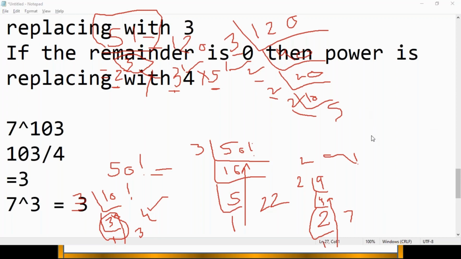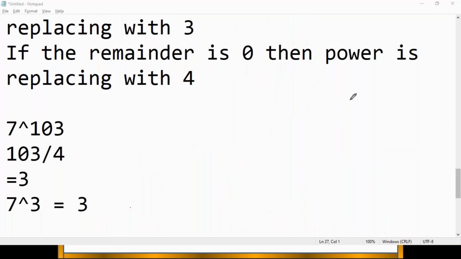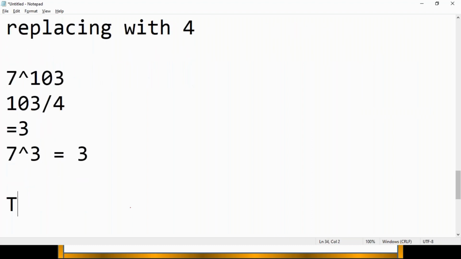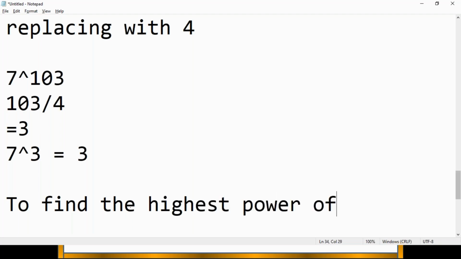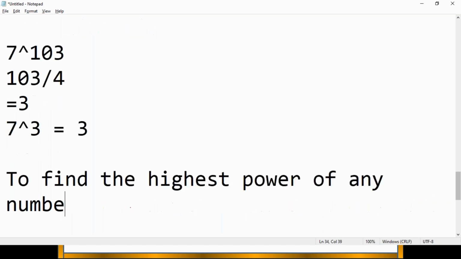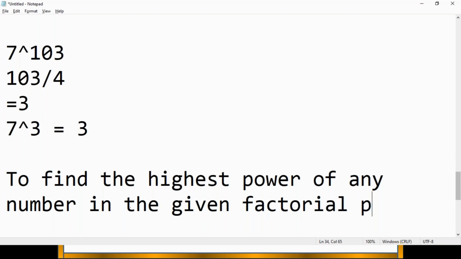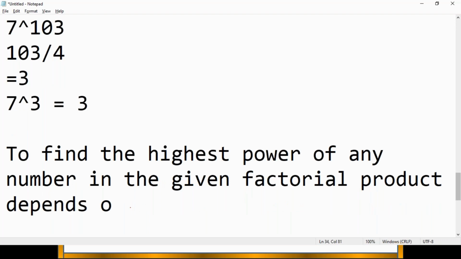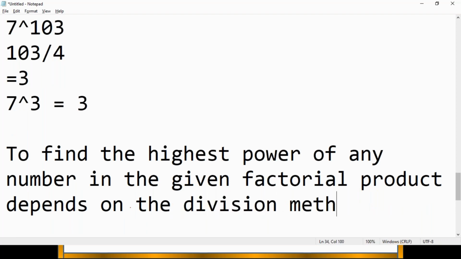Write down: to find the highest power of any number in the given factorial product depends on the division method.